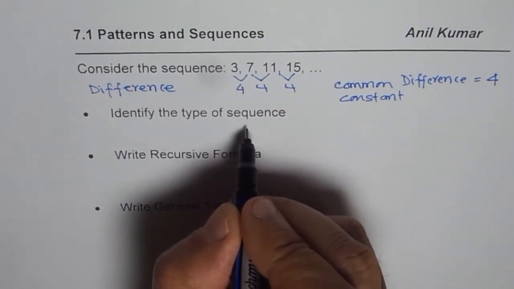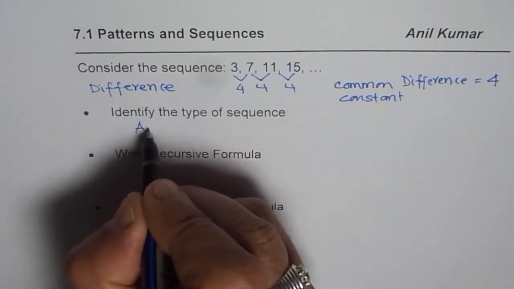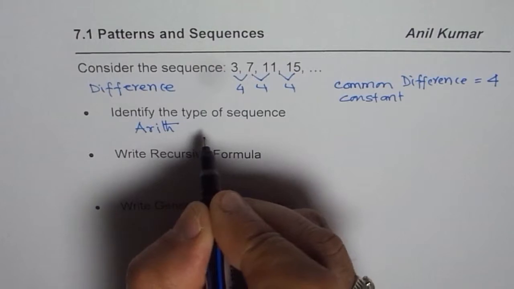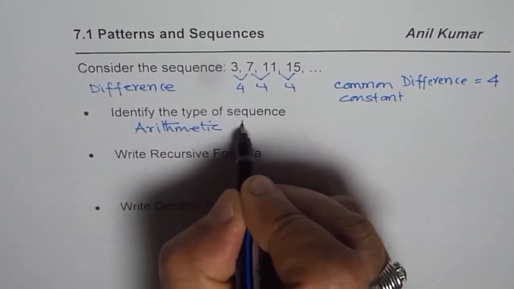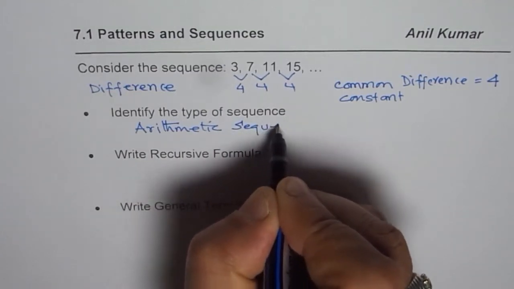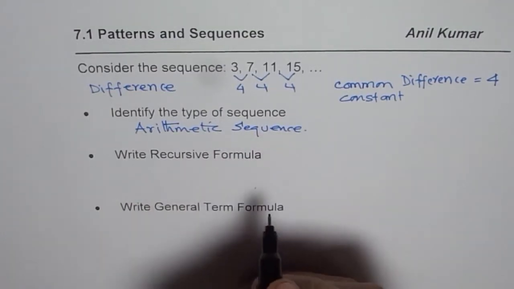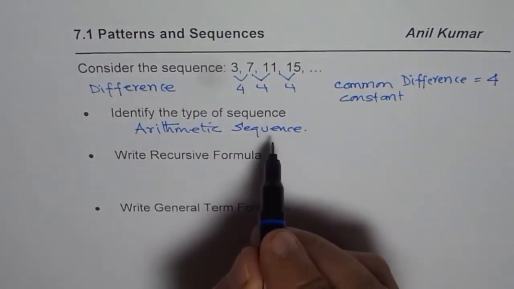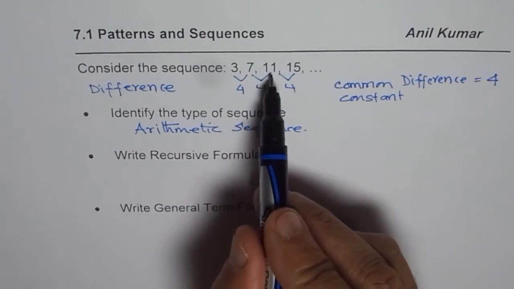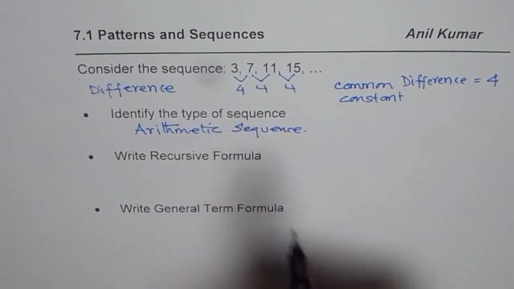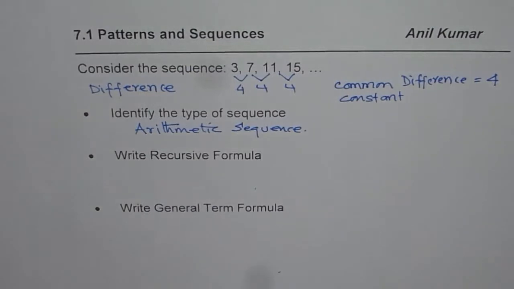So this is an example of arithmetic sequence. In arithmetic sequence, each following term is increased by a fixed amount. So there is a common difference between the two consecutive terms.